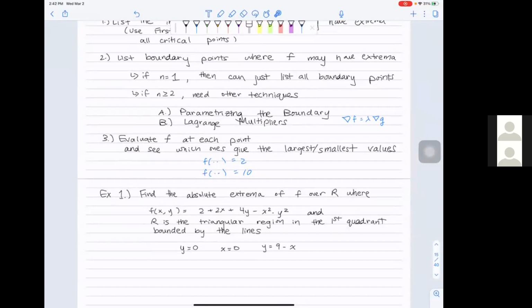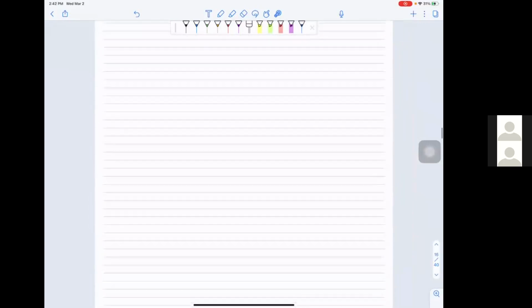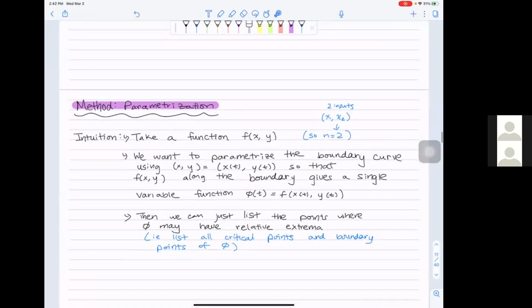Okay, before we get into that example, I should have explained what we're doing first. The first method we're going to do is parameterization. The intuition behind this is that we have a function with 2 variables right now, but we're not familiar with how to do things with 2 variables. We like things in 1 variable, so that's easier.